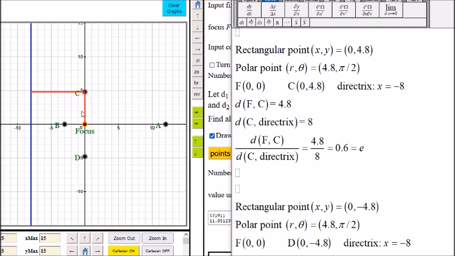The distance from C to the focus will be 4.8. The distance from C to the directrix will be 8. The distance from C to F divided by C to the directrix will be 0.6, which is e. And that's what we want. We want all points such that the ratio is equal to e.